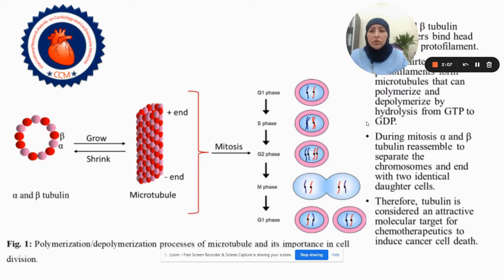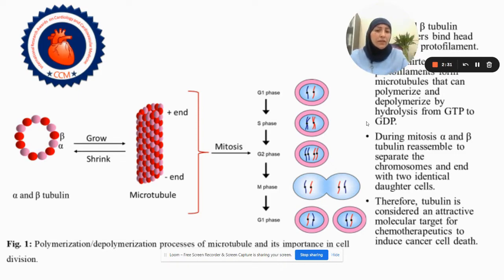If we focus on the left side, you can see that alpha and beta tubulin combine to form protofilaments. These 13 protofilaments will form a microtubule. This is important for the mitosis process, for cell division.